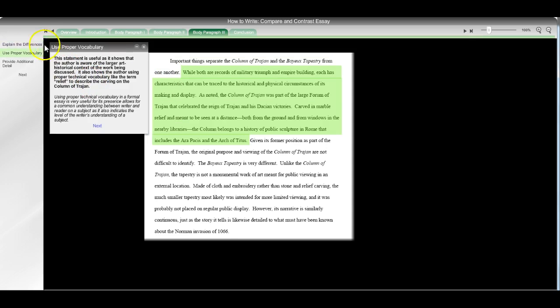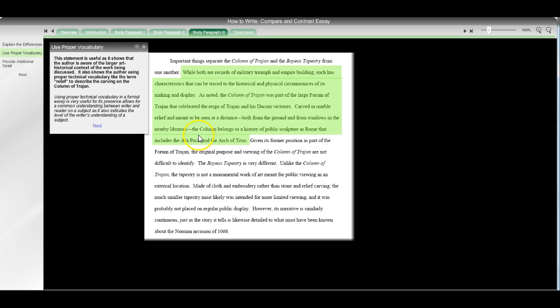Next screen, number 14. Use proper vocabulary. This statement in this highlighted area is useful as it shows that the author is aware of the larger historical context of the work being discussed.